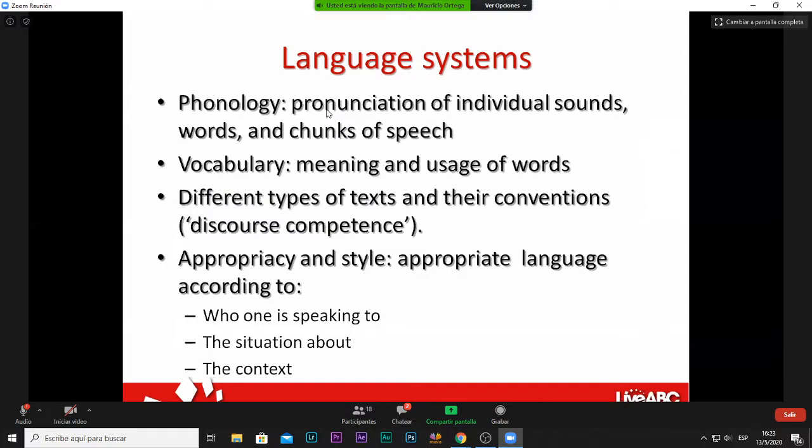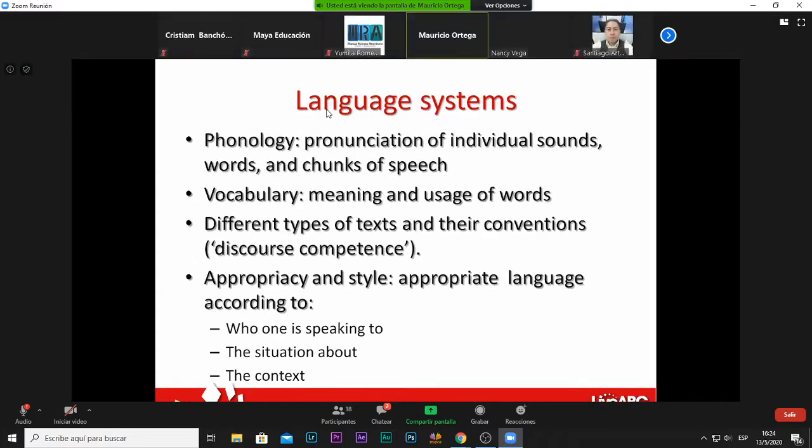When we speak about lexis, or vocabulary, it is basically about the meaning and the usage of words. When we speak about discourse, we're going to talk about different types of texts. These can be spoken or written, and the conventions they have are different. Some people call this discourse competence.